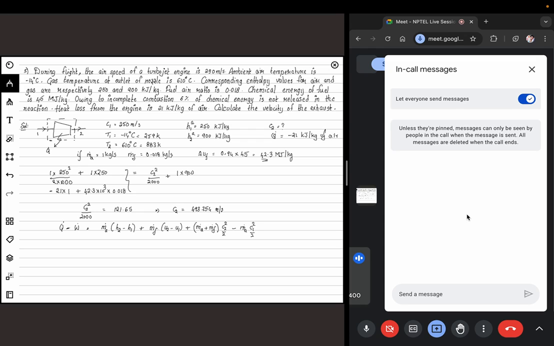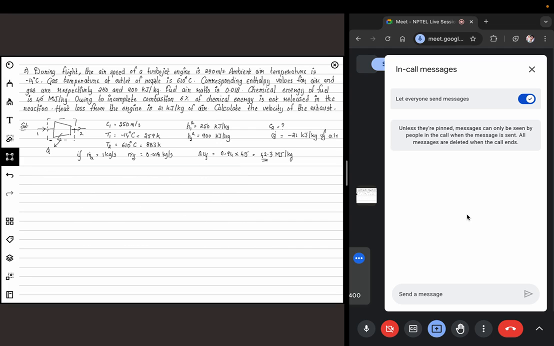So if I divide the entire equation with m dot a, I think there was a mistake here. Let's divide the entire equation with m dot a.